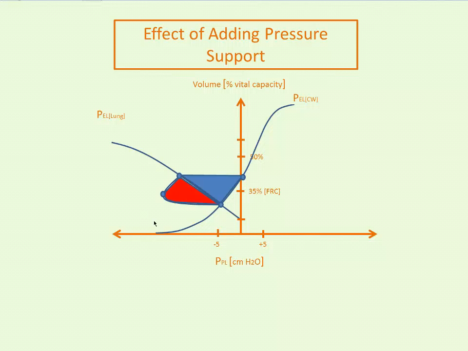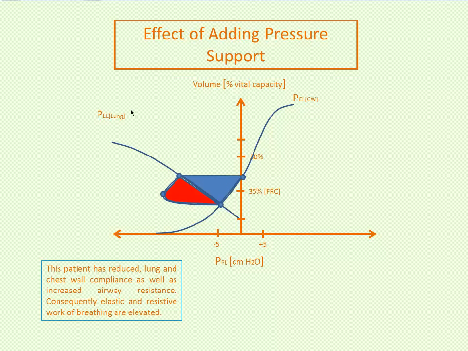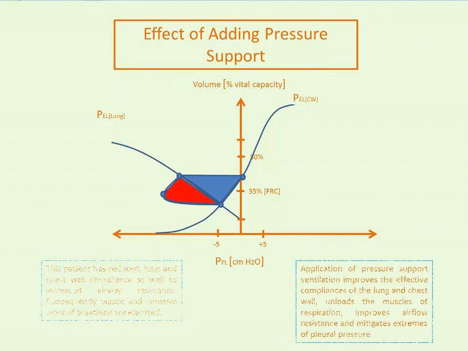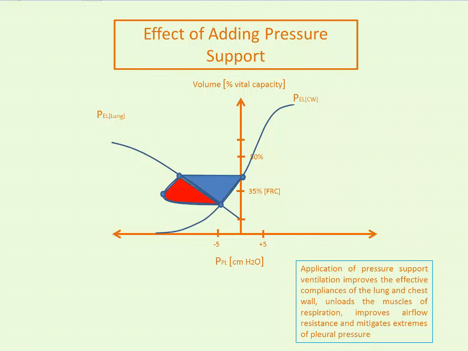So if you imagine this patient who's got a fairly high resistive work of breathing and a fairly high elastic work of breathing, so as I mentioned, this patient's got reduced lung and chest wall compliance and has increased airways resistance, so these elastic loads are high. And then the application of pressure support ventilation improves the effective compliances of the lung and the chest wall, unloads the muscles of respiration, improves airflow resistance, and mitigates extremes of pleural pressure.